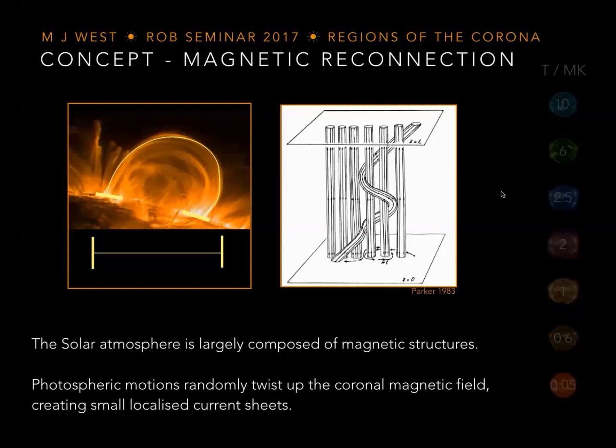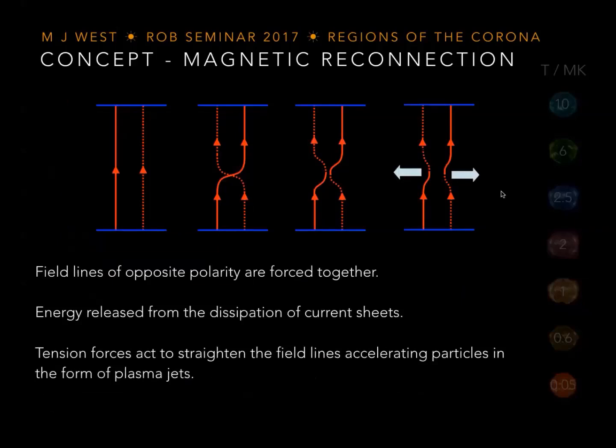I think we're going to have a talk later on about MHD and things like that, so some of the more fundamental concepts might get covered there. This is going to be more of a hand-wavy description. But field lines can get twisted around each other, current sheets can build up, and if we wind up the fields enough, they're somehow able to break and reconnect in this process we call magnetic reconnection.